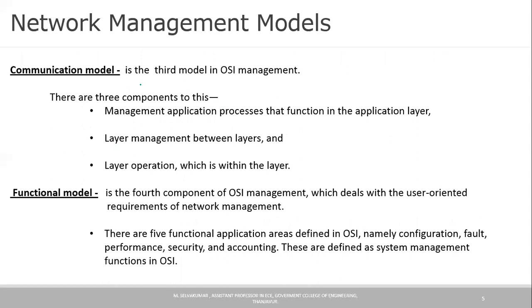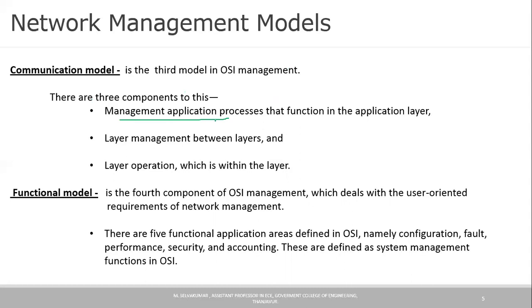The next is the communication model, which is the third model of the OSI management. This model comprises three components: the management application process, layer management between layers, and layer operation, which is within the layer.